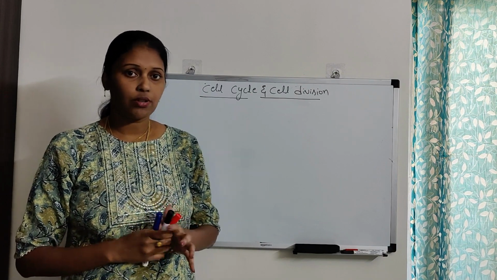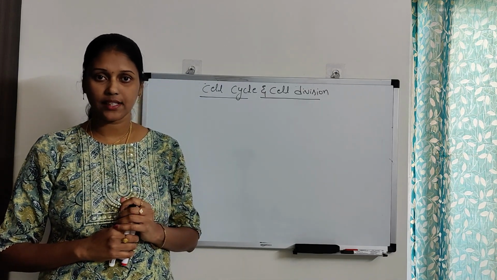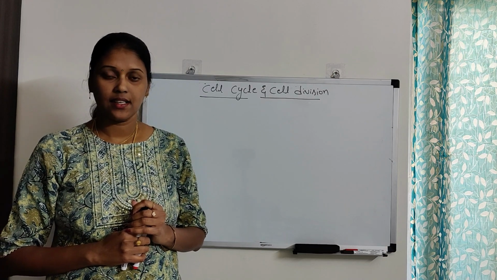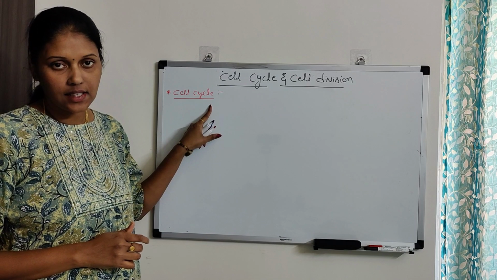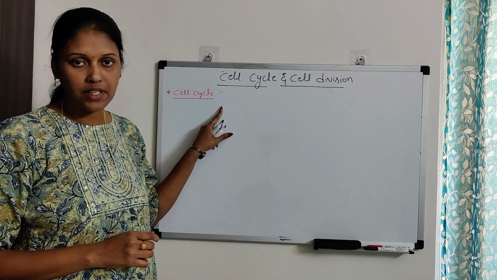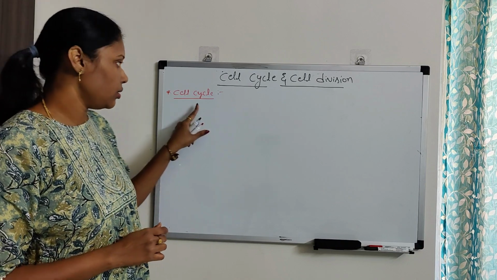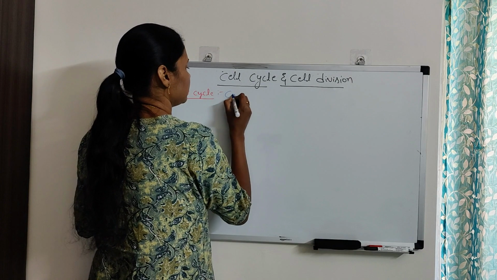If we are talking about cell division, there are three types of divisions: amitosis, mitosis and meiosis. Cell cycle, the name itself tells us it is a cyclic process. That means it is going to be continuous. So cell cycle is a continuous process.